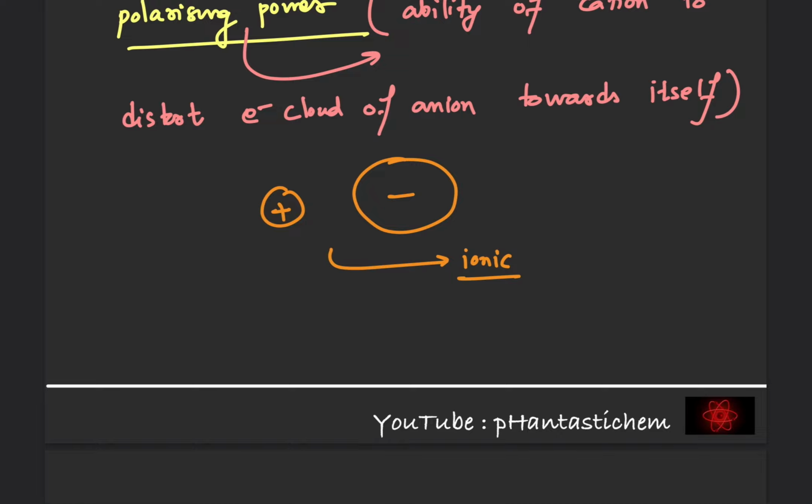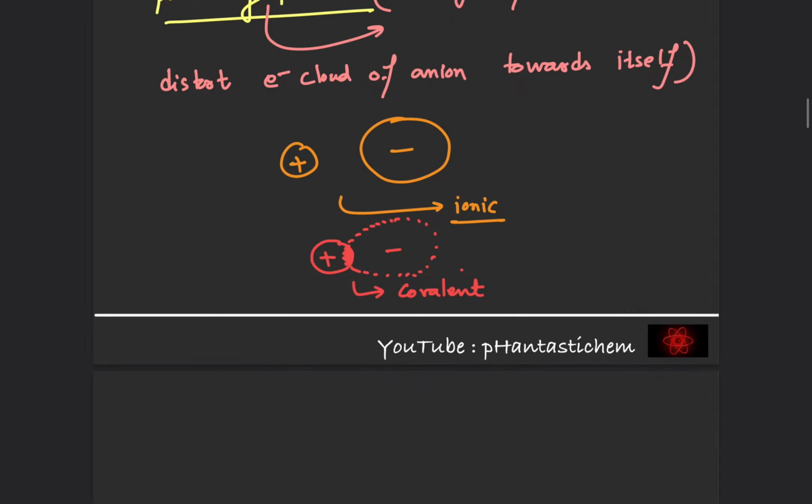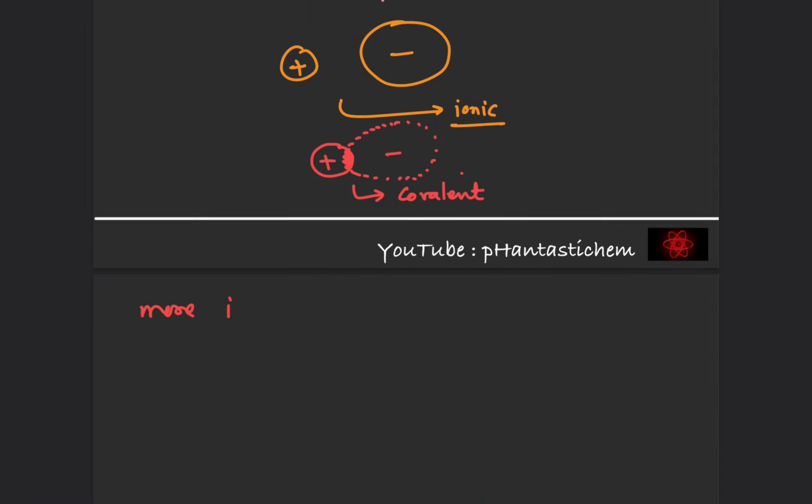Because of the polarization, their electron clouds overlap. This leads to an increase in covalent character. So you can see now it is covalent. Therefore, the more the polarization produced by the cation, the more is the covalent character of the bond.